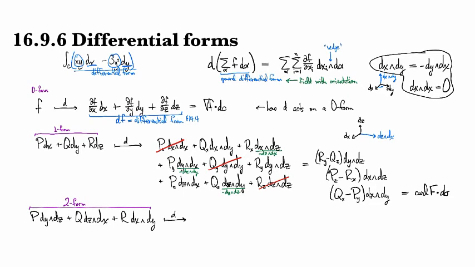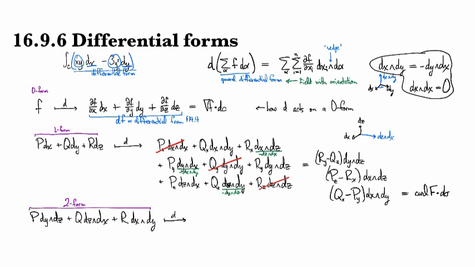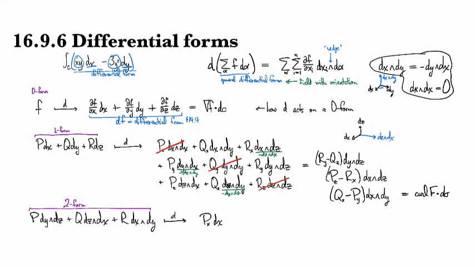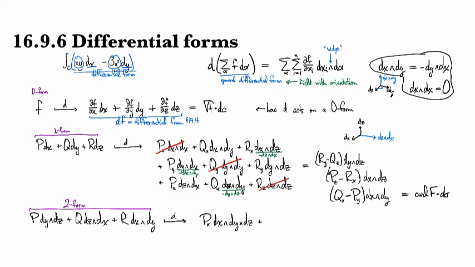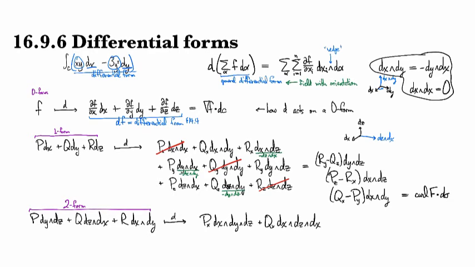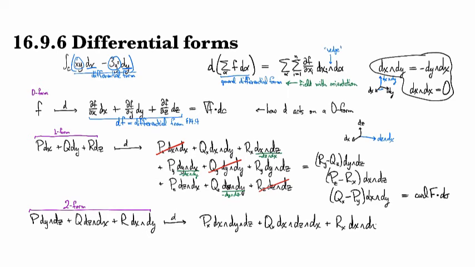So let's see. When we do the first term in the terrible sum, it is the x derivative. So we're going to have px dx wedge dy wedge dz, and then qx dx wedge dz wedge dx, and then we're going to have rx dx wedge dx wedge dy.